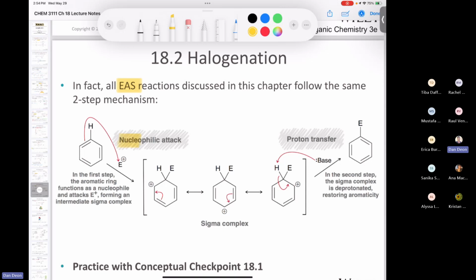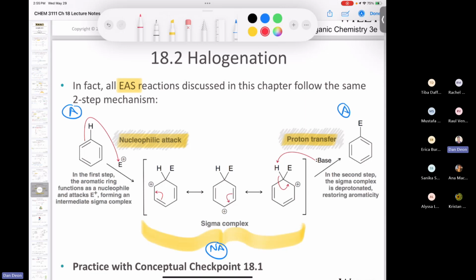Step 1, nucleophilic attack. You form a sigma complex, which is resonance stabilized. You go from something that is aromatic to something that is not aromatic. Then you do a proton transfer, and you restore aromaticity, right? We call that re-aromatization. So there you go.